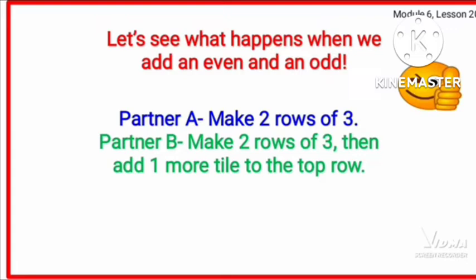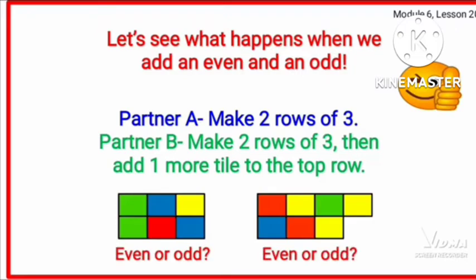Your own will be 2 rows of 3, 6 ties. Your partner's own is 2 rows of 3 plus 1 tie. That is 7. Let us merge it together and see if it is even or odd. Your own, as it is now, is even, 6 ties. Your partner's own, 7 ties, odd.